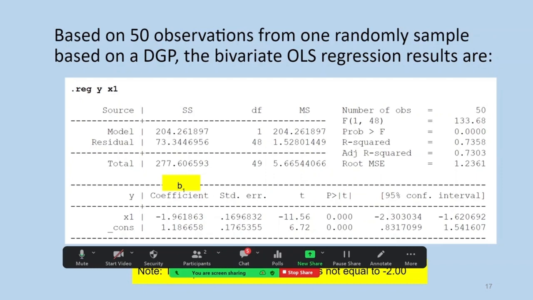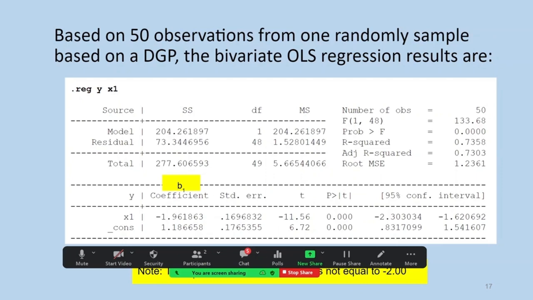This is the beta coefficient here for X1, that beta subscript 1, right? That's it, right there. It's almost -2, but it's not quite -2. Mathematical purists would say it's not quite 2, right? It's -1.961863, right?